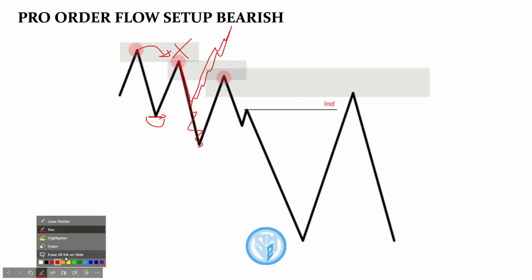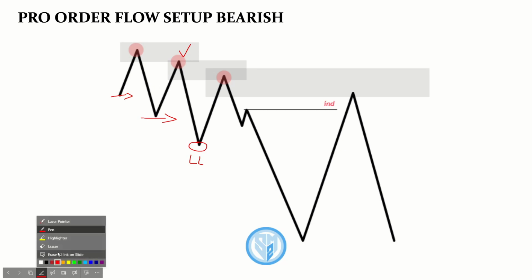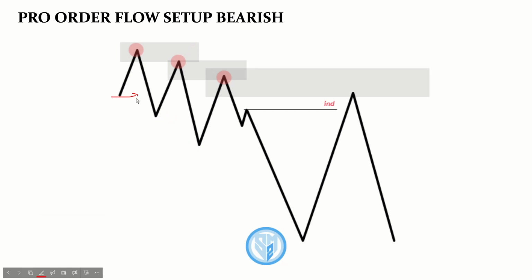However, in our case, we did see a new break of structure and a new lower low being formed. Therefore, we have a successful mitigation. So in this diagram, we have both successive and consecutive breaks of structure, and we also have successive and consecutive mitigations of supply zones. In this case, we clearly have an example of bearish order flow.